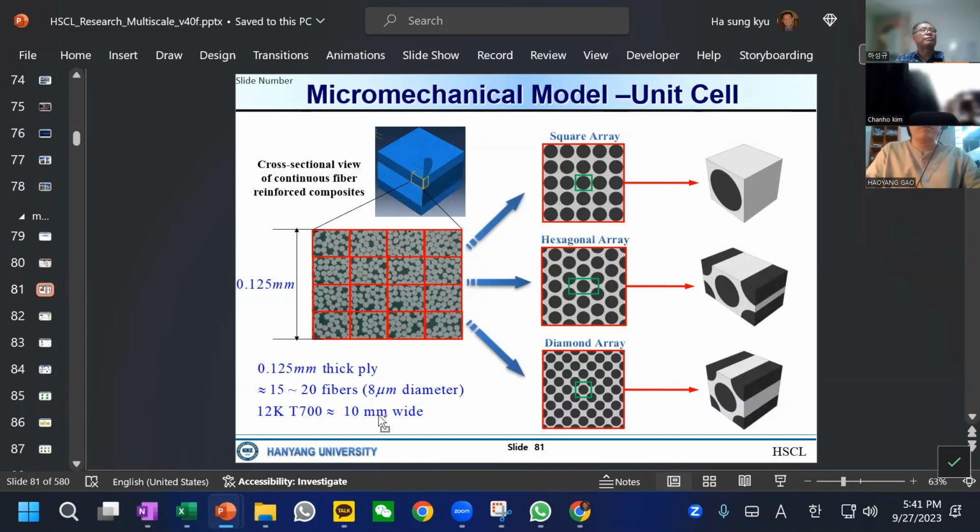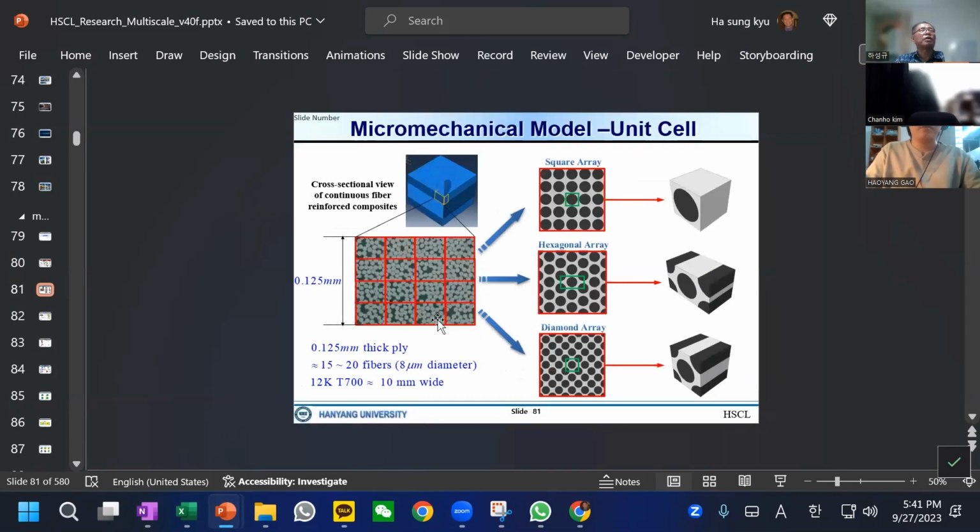Well, we made a little bit of mistake, but it doesn't matter. You can see the dimension of a 10 millimeter wide. Well, this is the one.